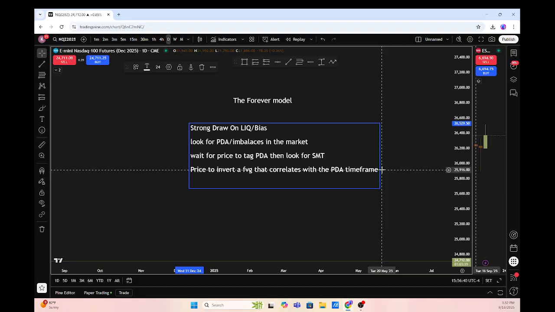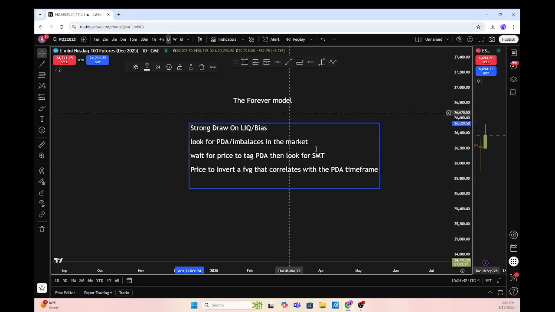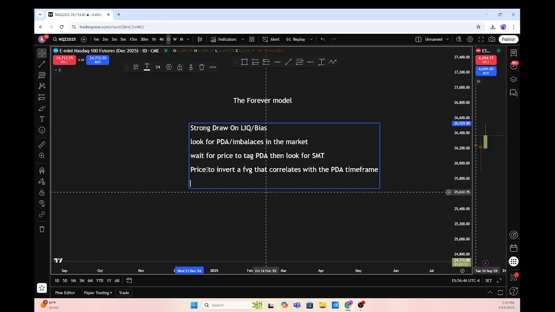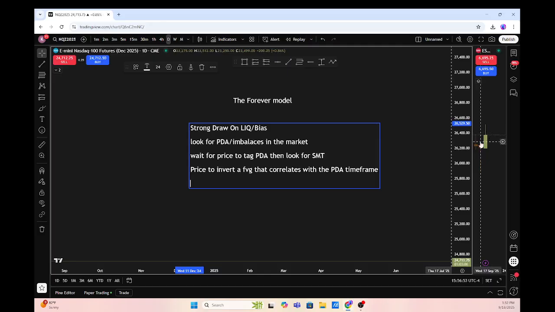Don't mind it. So once we have our SMT and we tagged into our PD array, what we then want to do is dive down into the lower time frame. For me, I mainly use 15-minute fair value gaps and 1 hour fair value gaps. So say price tags into a 15-minute fair value gap.